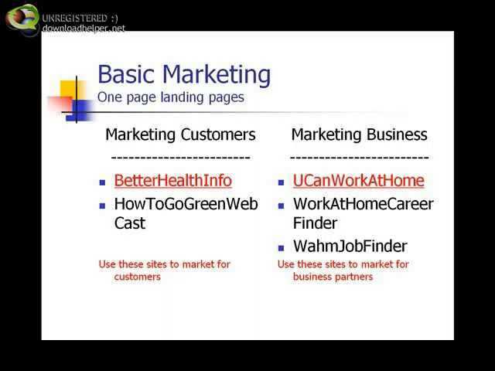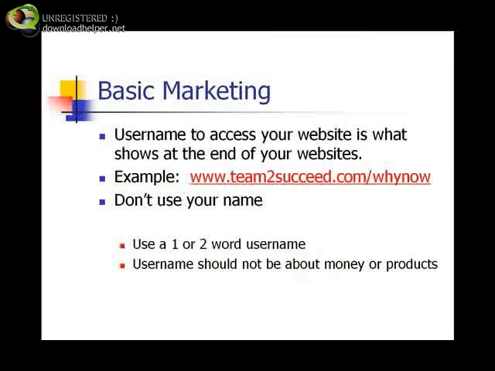That's really important. For instance, if you're on a site that's about health and wellness, I wouldn't necessarily use my How to Go Green. I'd probably use Better Health Info. But by the same token, if I was on a tree hugger site, instead of Better Health, I'd use the How to Go Green. So make sure that the site speaks to the targeted audience that you are advertising to.